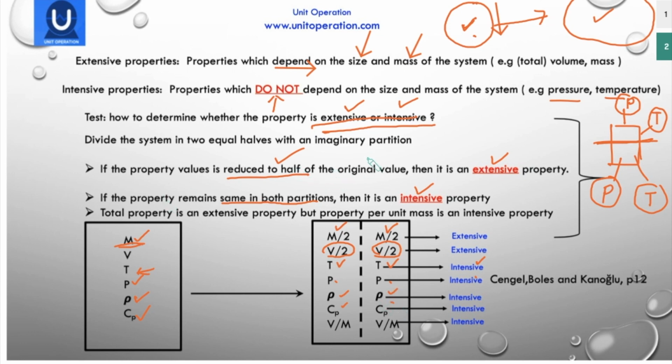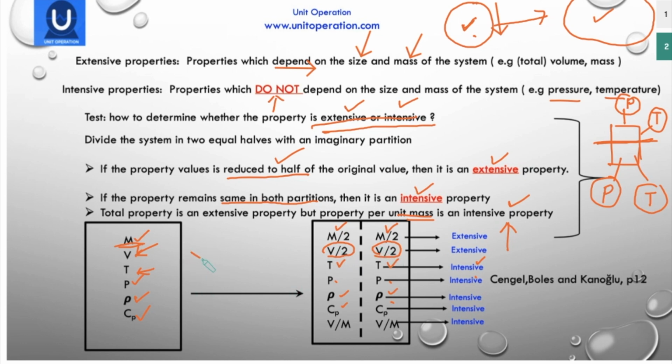Also, there is an important idea here: if you take the total property but make it per unit mass, then it becomes an intensive property. So let's say you have the total volume of the room, that is an extensive property, because we have seen it becomes half and half here.